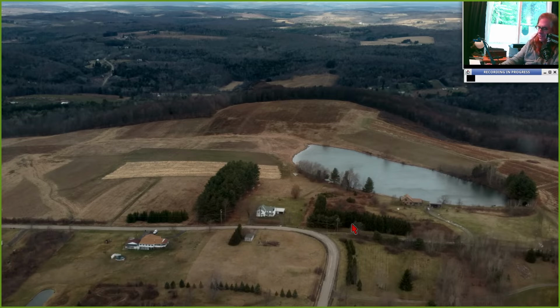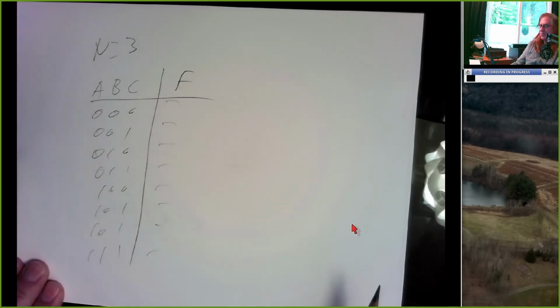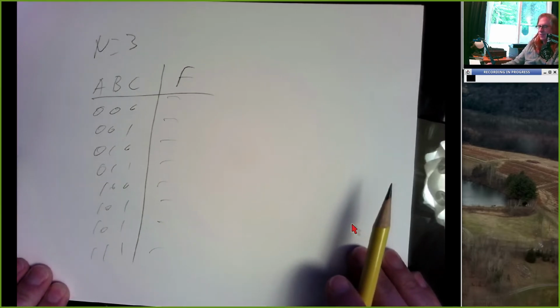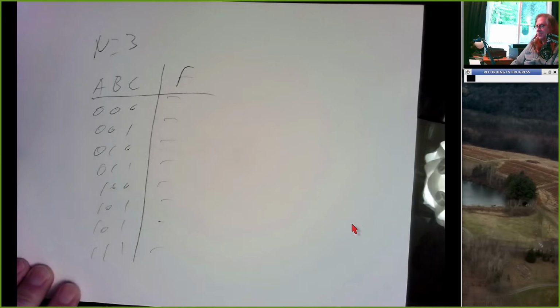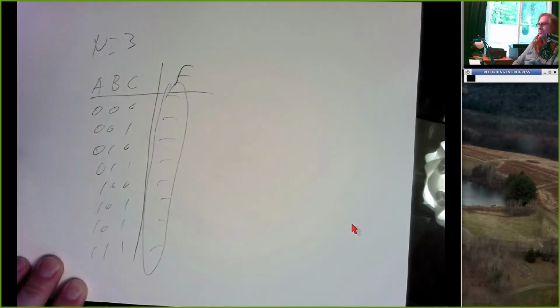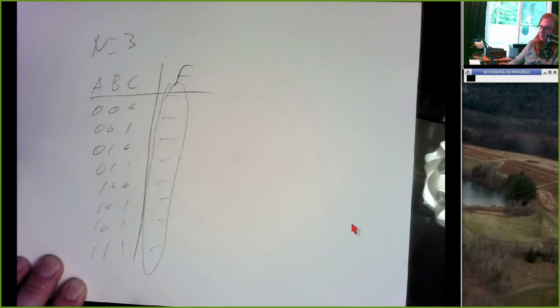And your function is determined by what the function values are for each of these rows, right? So the question, how many different functions are there of 3 variables, is the same question as how many different ways can I fill in this truth table? Which is the same question as how many different ways can I write 1s and 0s in these 8 positions?